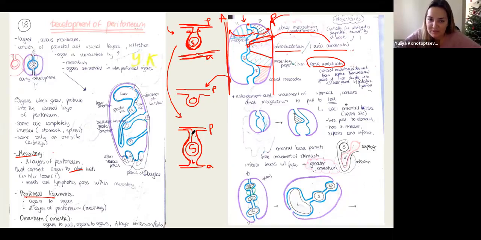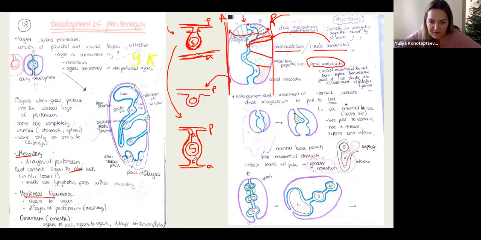Within the dorsal mesogastrium, spleen will be developing. So because of these two organs, the ventral and dorsal mesogastrium, they will be disrupted. They will become something else. Okay, so because of the growth of these two organs.